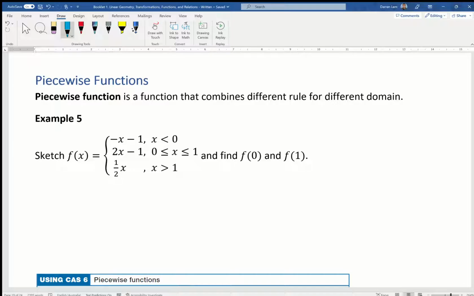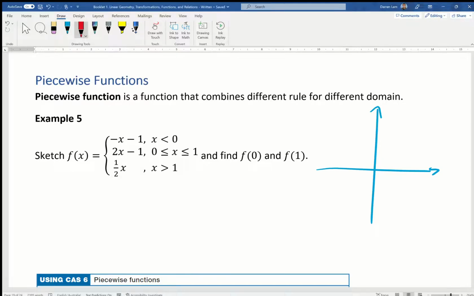Here it says sketch f of x equals, and you see 3 different functions with 3 different domains. Again, instead of trying to do everything from scratch, I'm just going to find key points. So I'm going to sketch my axes, and let's look at the middle one, 2x minus 1, super easy. I know that exists when x equals 0.